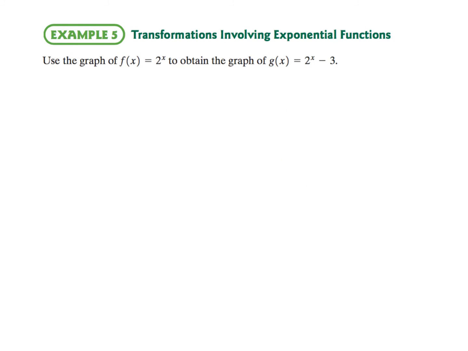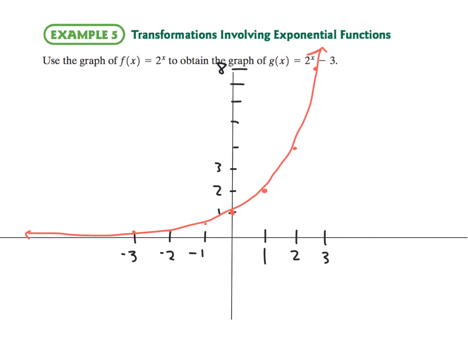And for our last example of this session, we're going to take the graph we had, which is 2 to the x power, and use the translation abilities to graph 2 to the x minus 3. Alright, so here is the graph of 2 to the power of x, and for g of x, this means we're going to shift down 3 units.